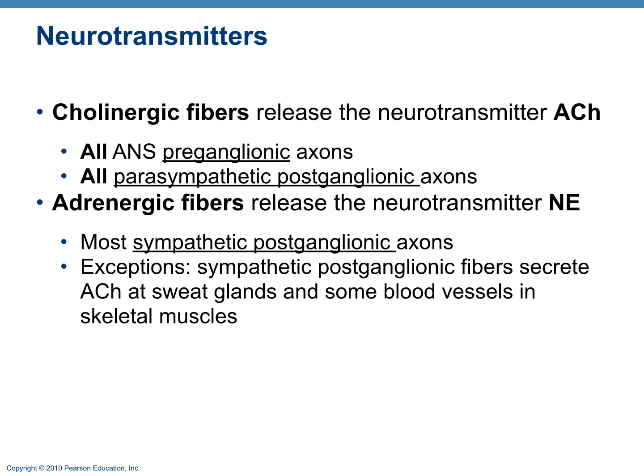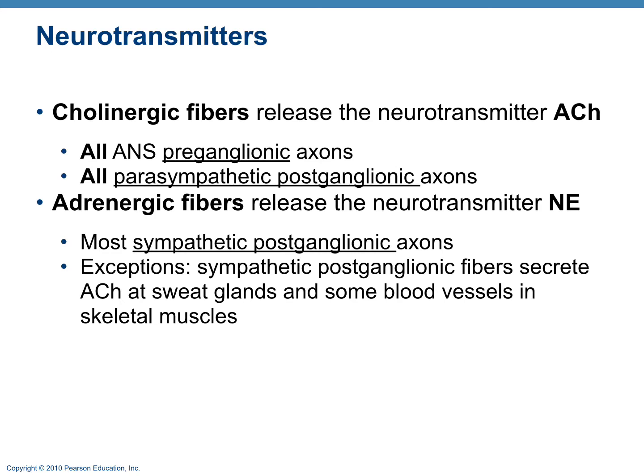Now, we also have adrenergic fibers, and those are going to release norepinephrine. Most sympathetic postganglionic axons release norepinephrine. This goes back to that picture where I was showing you the 4, right? We have the sympathetic and parasympathetic, both pre- and postganglionic axons. Now, there's an exception in the adrenergic fibers.